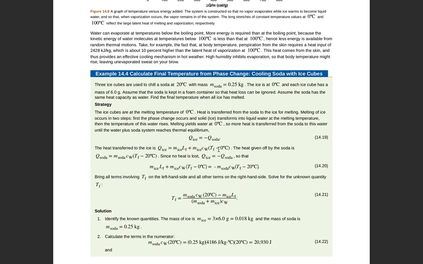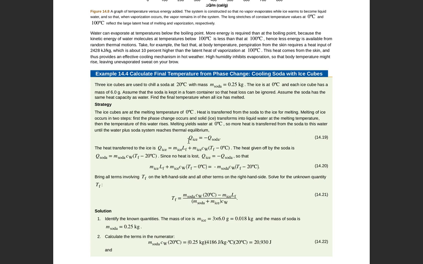The heat given off by the soda is Q soda equals the mass of the soda, the specific heat of water because we were told that we can use that one, and the temperature change. Since no heat is lost, we have that Q ice is equal to the negative Q soda. So again, we can set them equal to each other and solve for the final temperature.